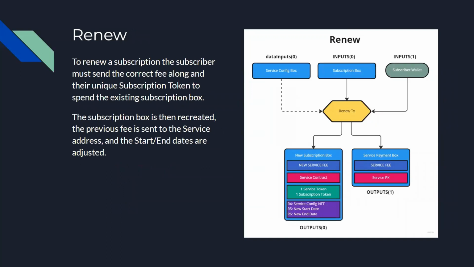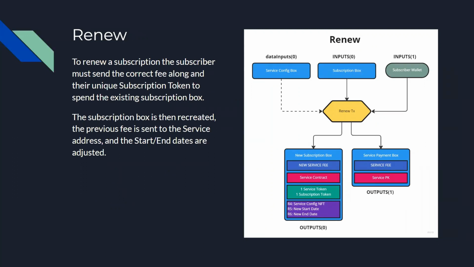So in order to renew a subscription, the subscriber must send the correct fee along with their unique subscription token, which is how they're allowed to spend the existing subscription box. This subscription box is then recreated. The previous fee is sent off to the service address set in the configuration.